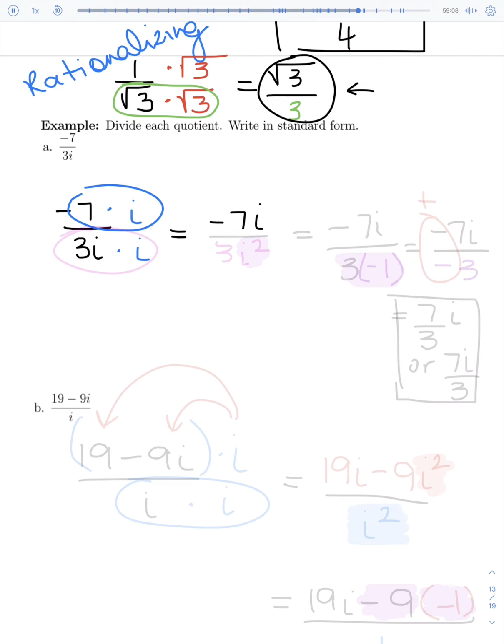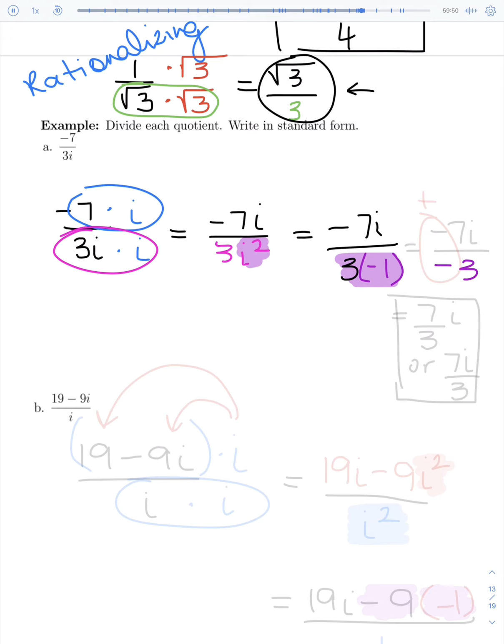Then on the denominator, we also need to multiply out. We ended up with a 3i times an i. That doesn't mean that everything is going to vanish. What it does give us is a 3, and then the i times i gets us an i squared. The reason that helps is remember that our i squared can get turned into a negative 1. So we have a 3 times negative 1, which is negative 3.